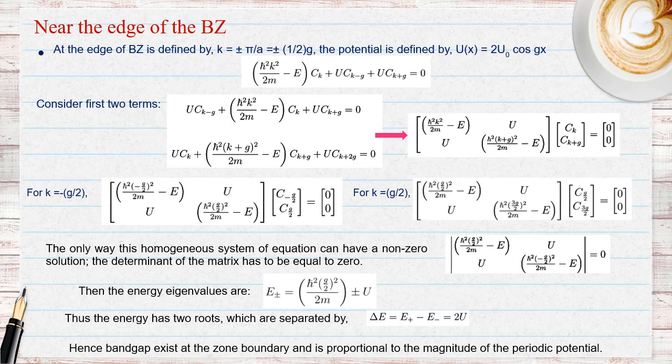At the zone boundary there is a separation between the energy levels, which is approximately proportional to the magnitude of the periodic potential. So these central equations, or the wave equation, are able to define the energy band gaps inside such a material.